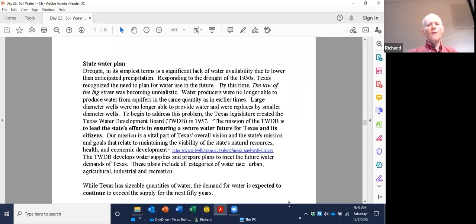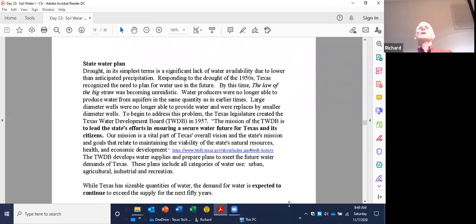By this time, the law of the big straw was becoming unrealistic. People could not build enough irrigation wells to pump the water to overcome this drought. At this time, they had big wells, 12-inch diameter wells, and they would pull those big wells and put in smaller ones, 8-inch wells or 4-inch wells.